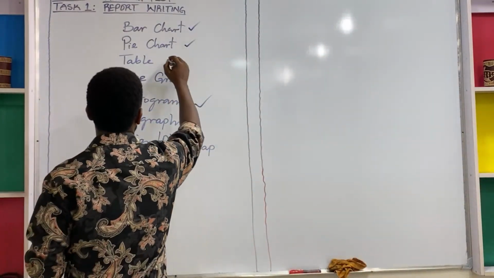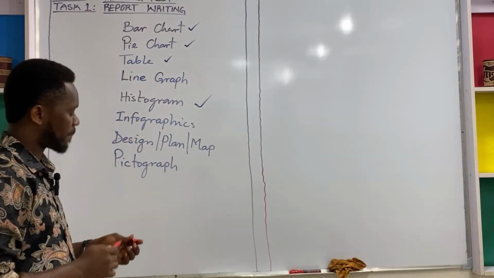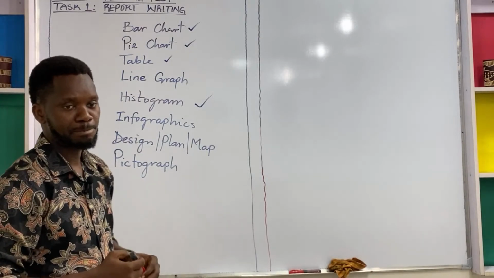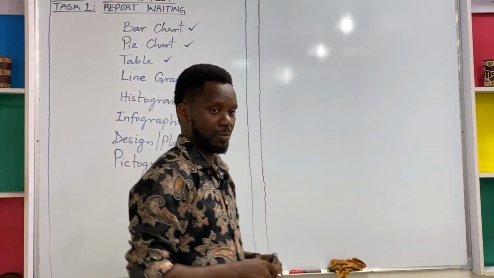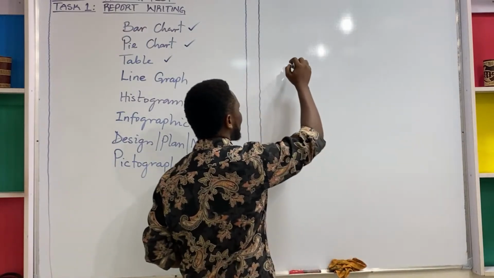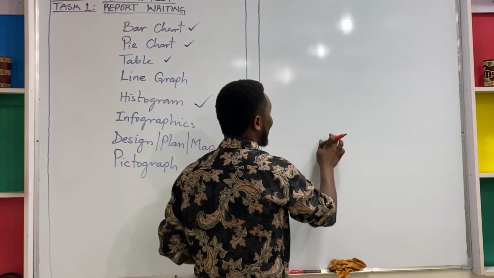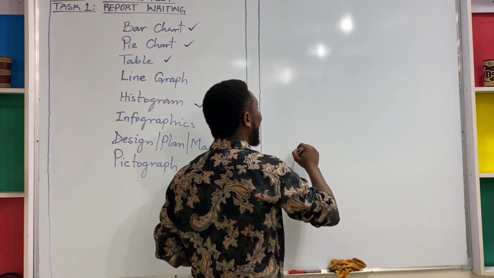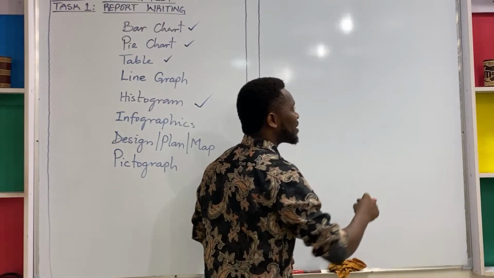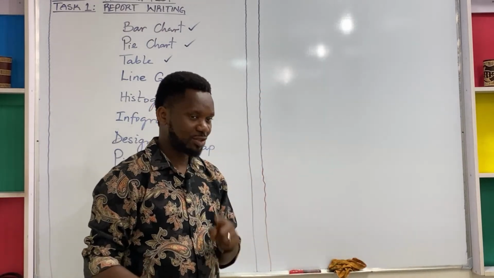Now the line graph, what is it about? Over time, how things were either increasing or declining, we use lines, different types of lines, not usually one.